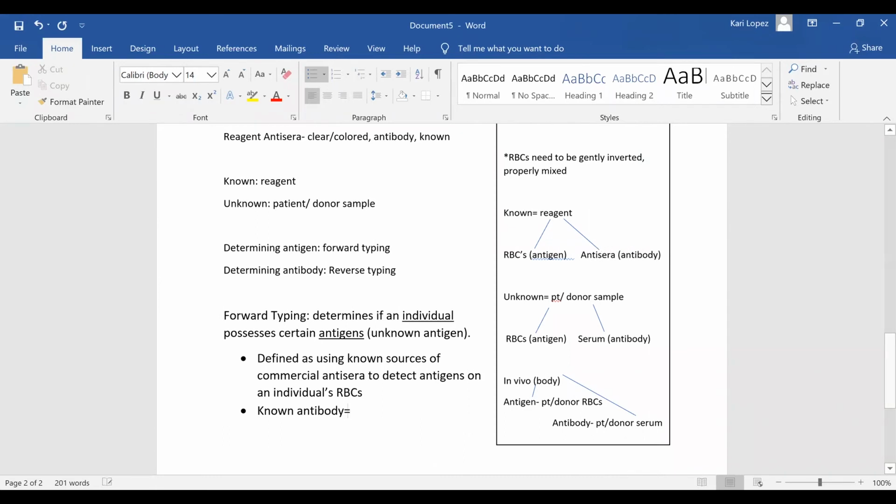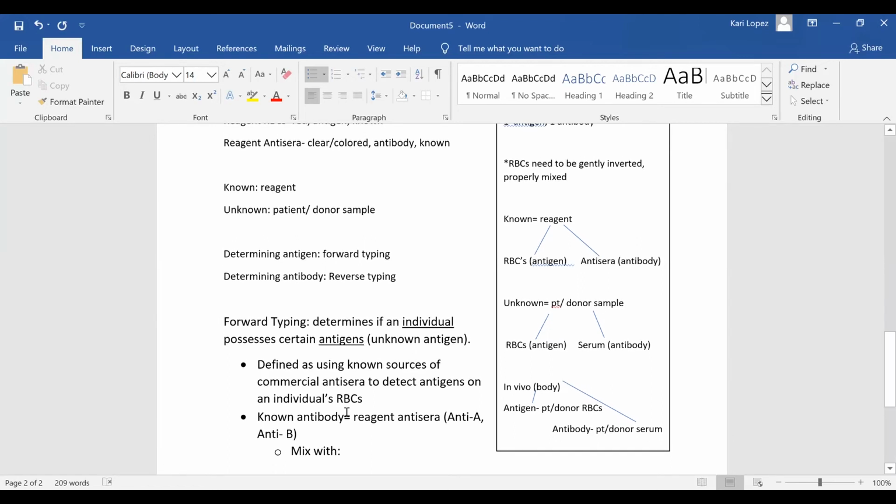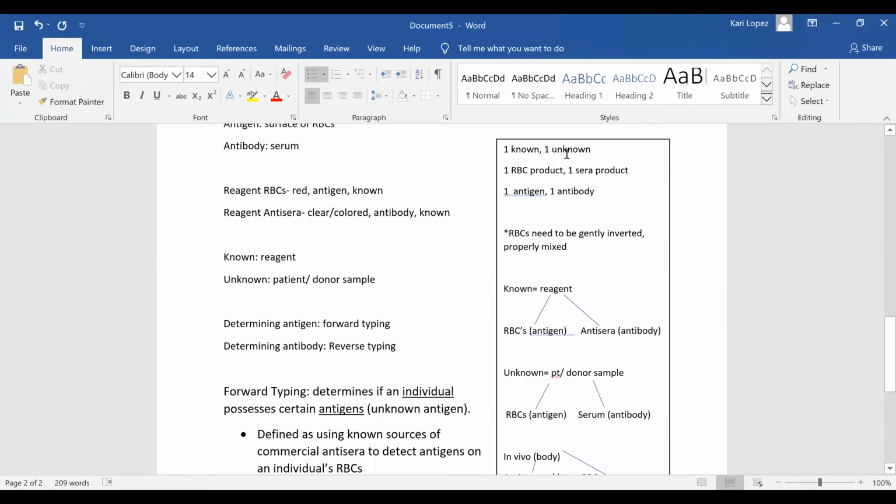So we know that we are going to start with reagent anti-sera, which happens to be anti-A and anti-B, the generally used ones. And then you need to mix that with, and we talked about needing one known and one unknown, one red blood cell product, one sera product, one antigen, and one antibody.